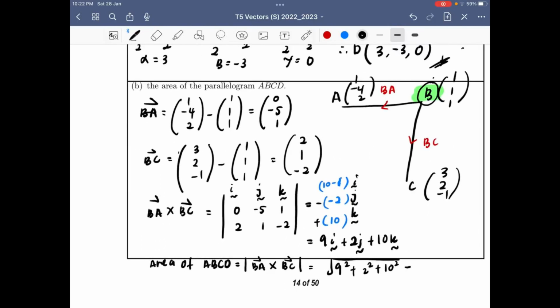Okay, square root of everything. So we get the answer is 13.6 units squared.